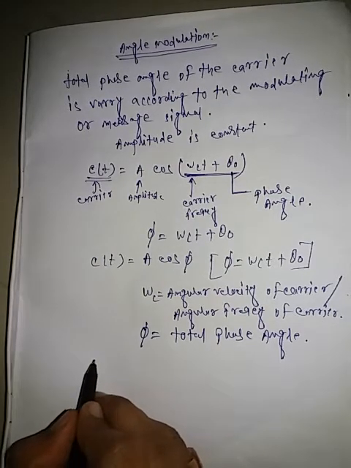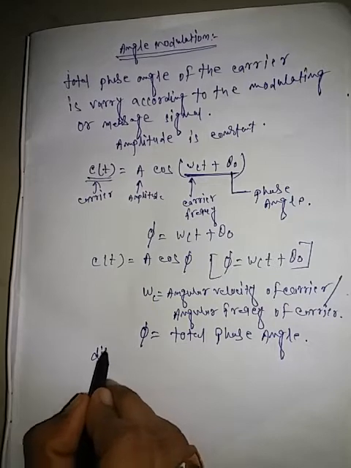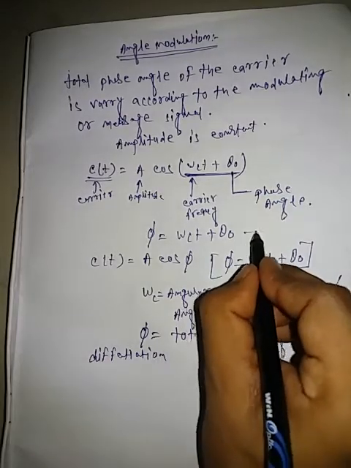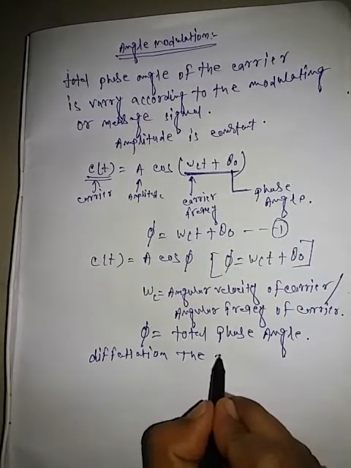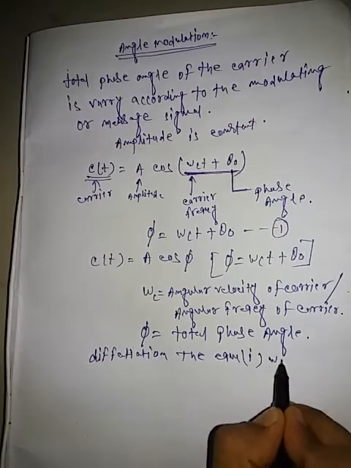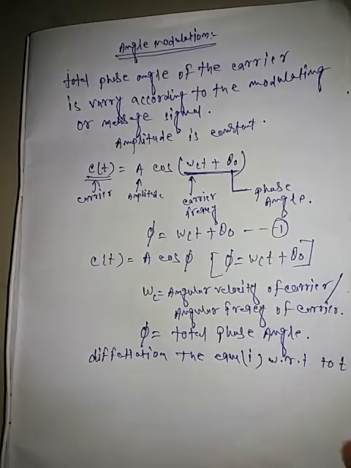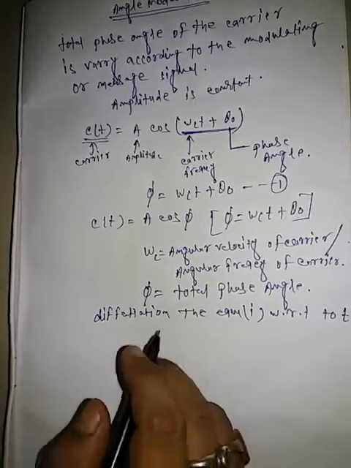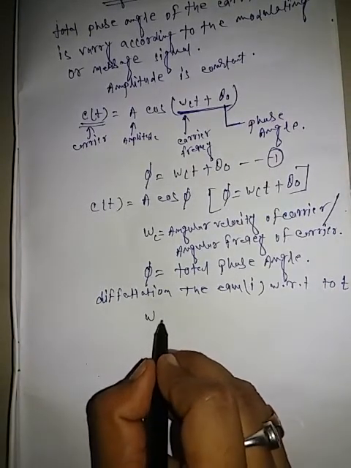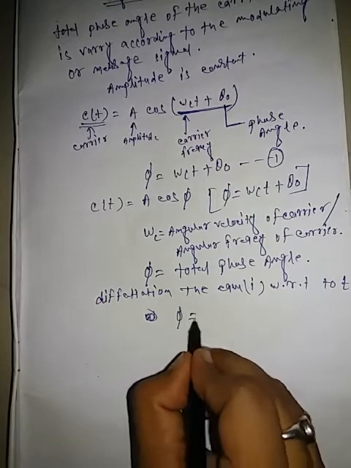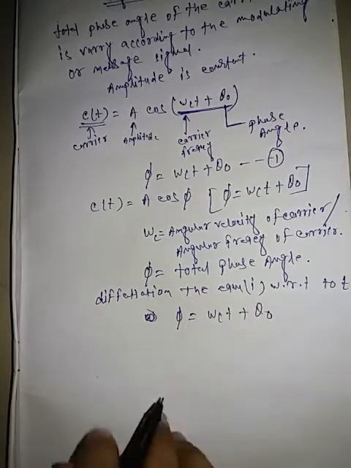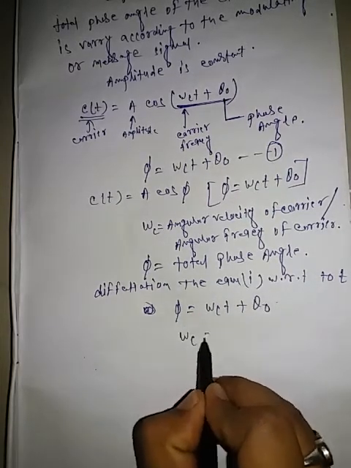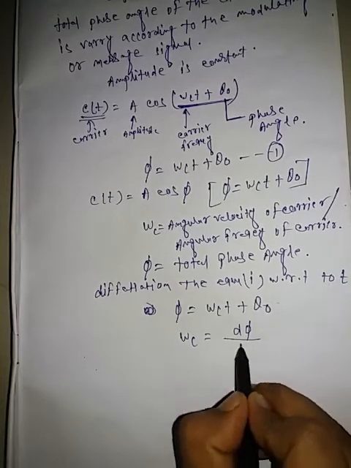So we do differentiation. Differentiate equation 1 with respect to t. Phi is equal to omega_c t plus theta_0, so differentiating with respect to t, omega_c is equal to d phi by dt.